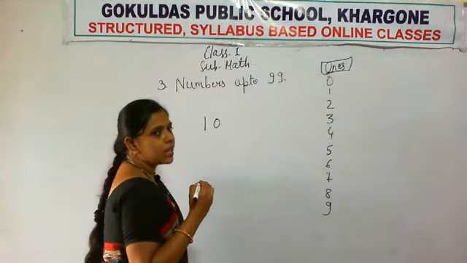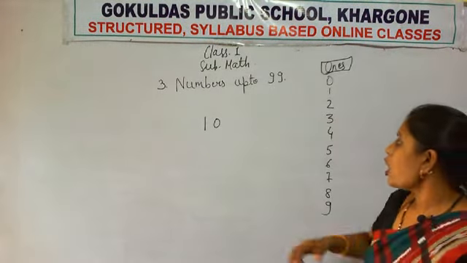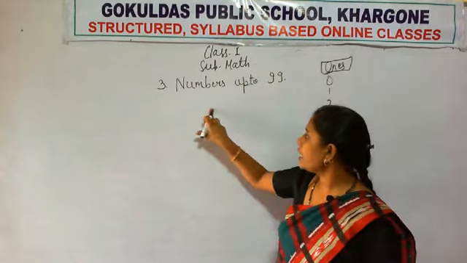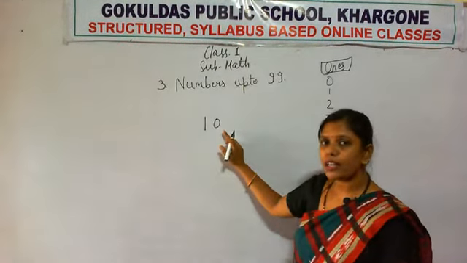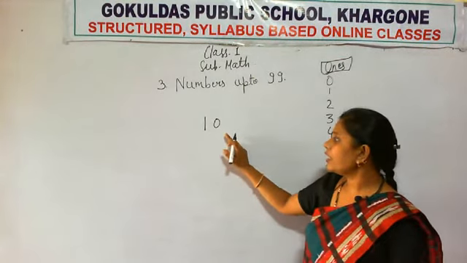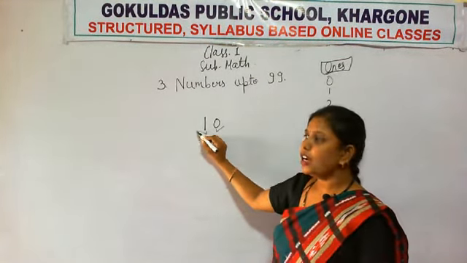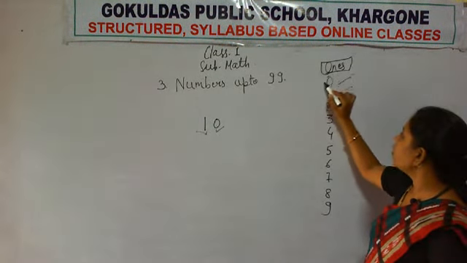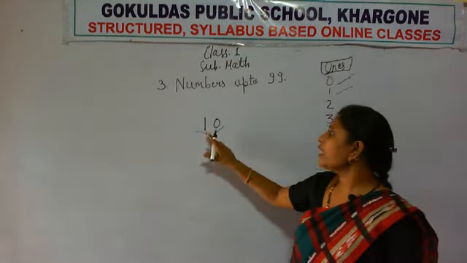While we are writing 10, how many digits are there? 2 digits, 0 and 1. So 0 and 1, we write 2 digits, and a new number is formed and that number is known as 10.